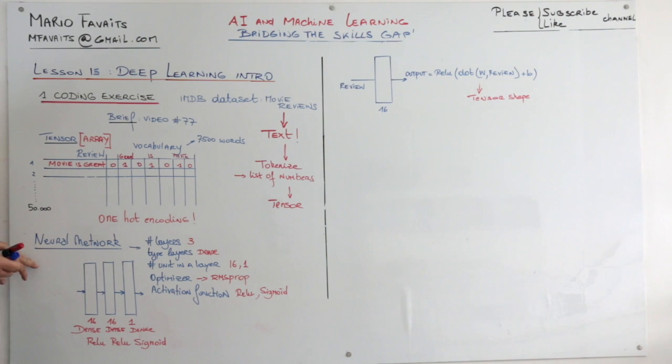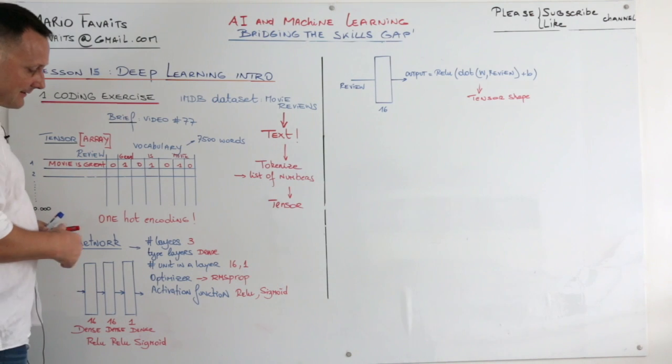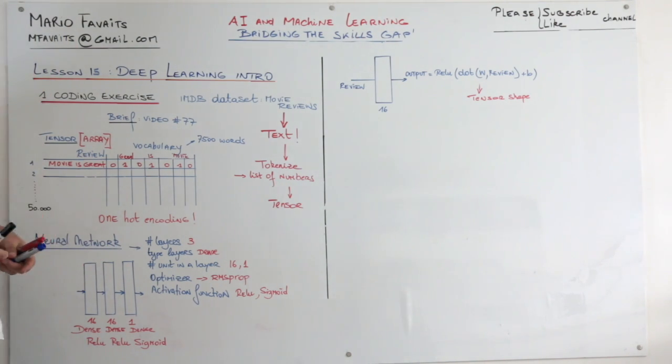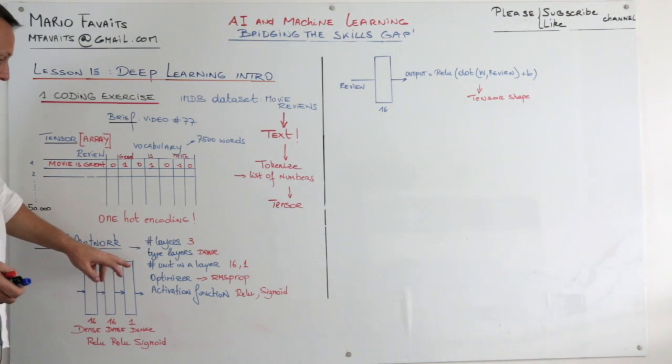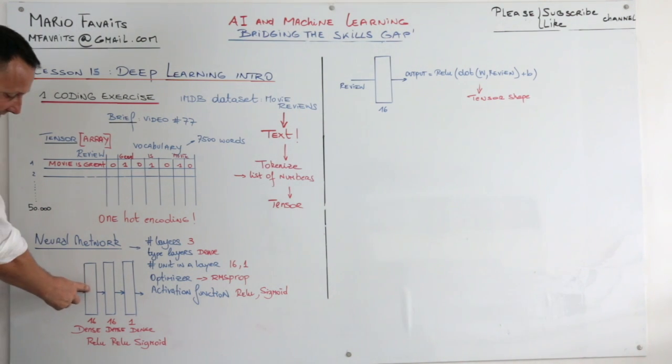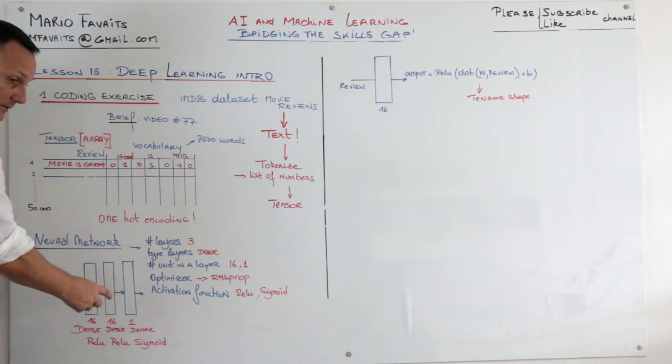Alright, so let's talk about the network that we will use. As a data scientist, you need to make quite a number of choices. One is the number of layers you're going to use, and here we're going to use 3 layers. Then the type of layers. Our layers will be dense because we haven't seen any other layers up to this point. The number of units in the layer: we go for 16, 16, 1.